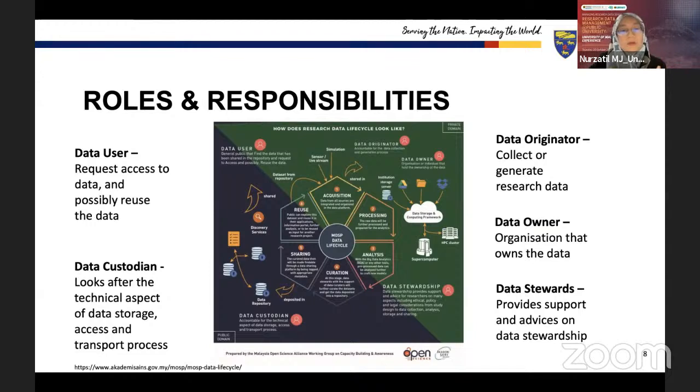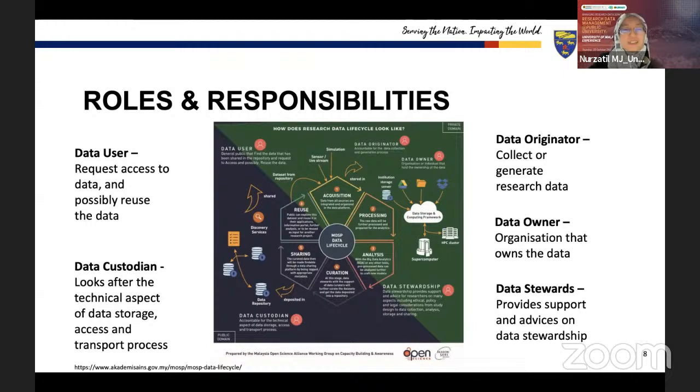These people are accountable for making sure there are security mechanisms for certain types of data. That's one. And of course, if you want to make it very technical, not just security, we have backups, all those very technical things.